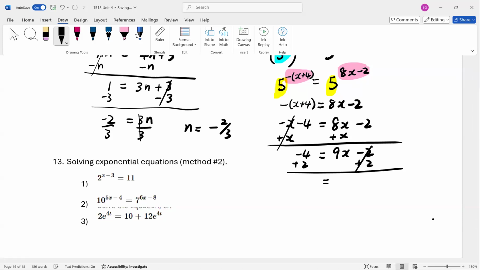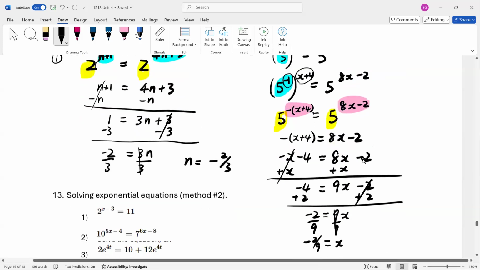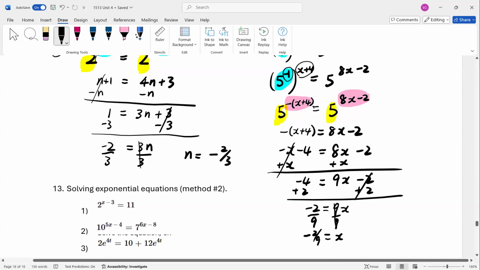Then we have 9x on the right. -4 plus 2, which is -2 on the left. And then we divide each side by 9. We have x isolated on the right. And on the left, we have -2 over 9. So the solution of the equation is x equals -2 over 9.